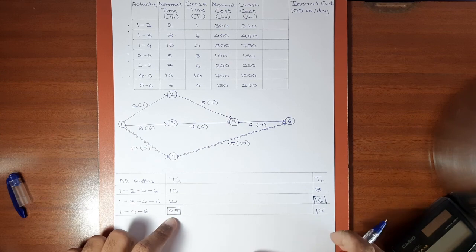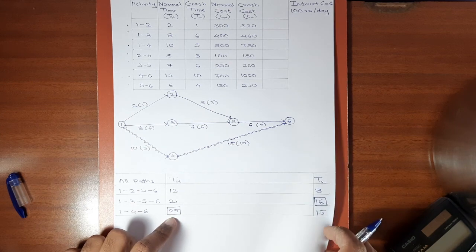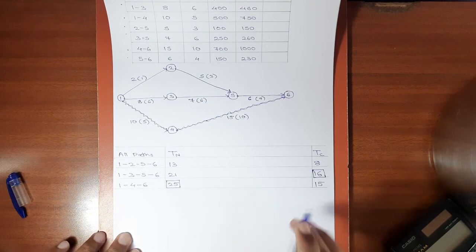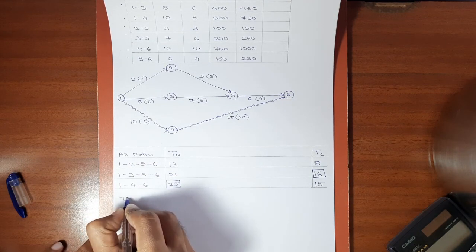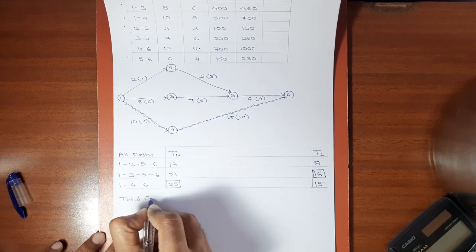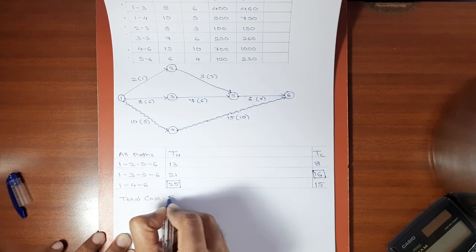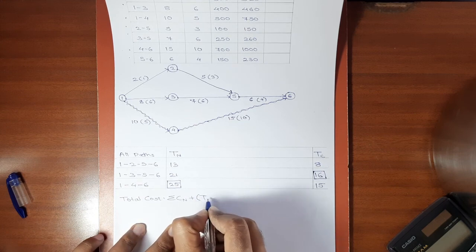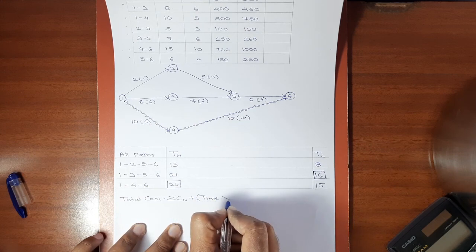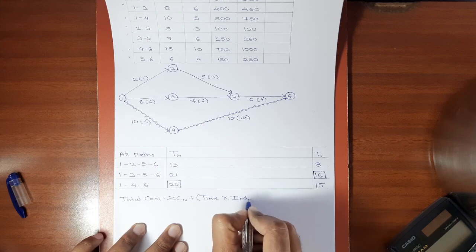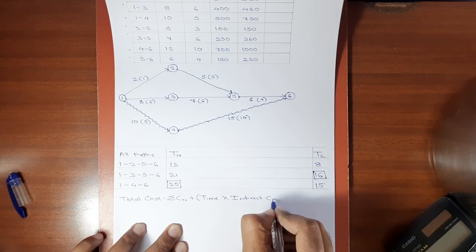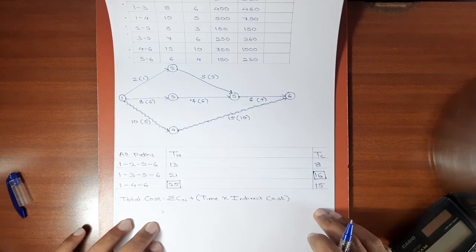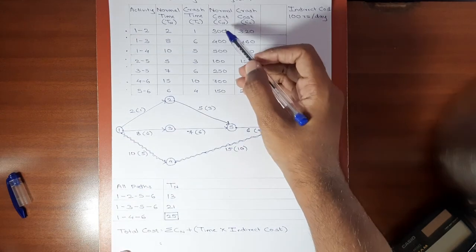Now we need to calculate the total cost of the project. The total cost of the project is calculated by using the formula: total cost is equal to summation of normal cost plus total time required to complete the project into indirect cost. Summation of normal cost. Now we have to add all these costs.